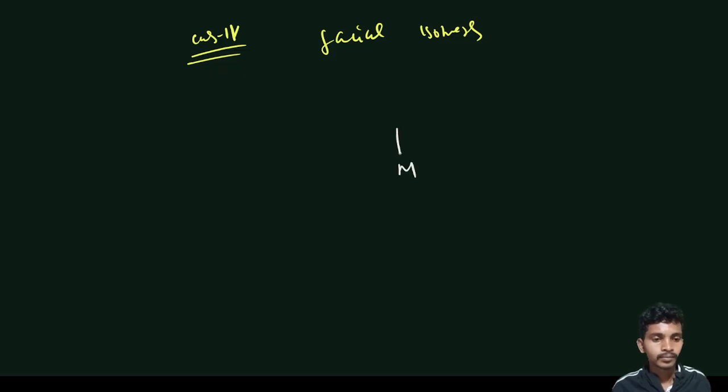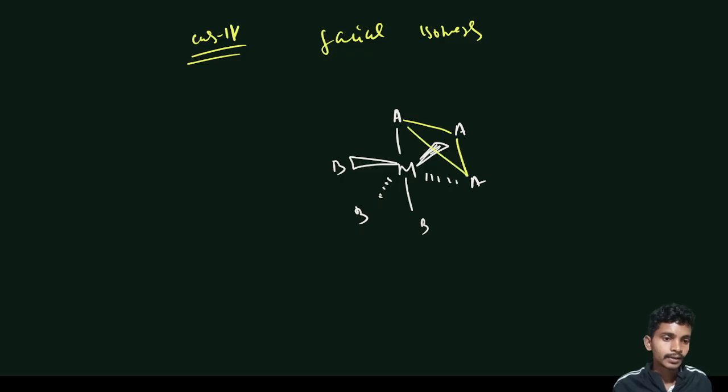M, let's say A, and let's say here A, and here A, and another, let's say here A. And let's say here this is B, this is B, and here this is B. Because the same A is on one side, the facial, and this B is on one face.